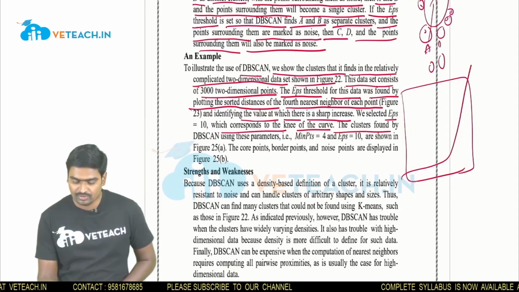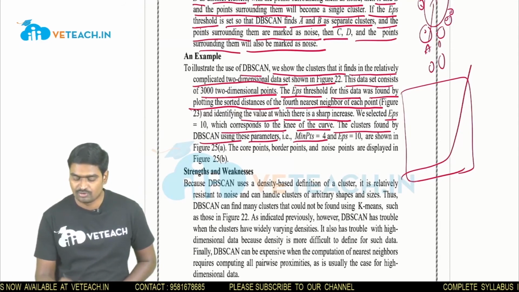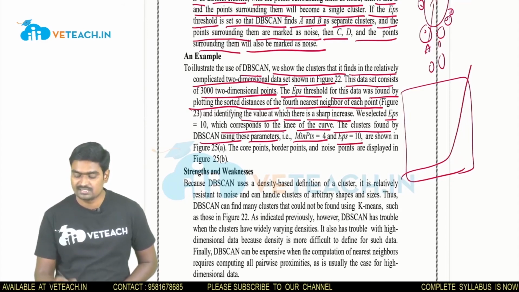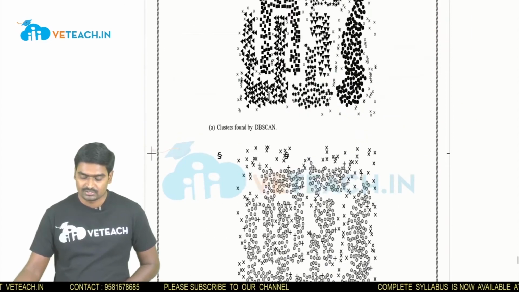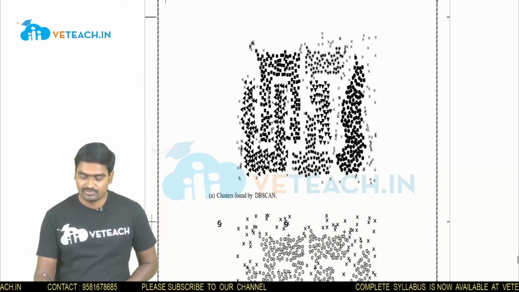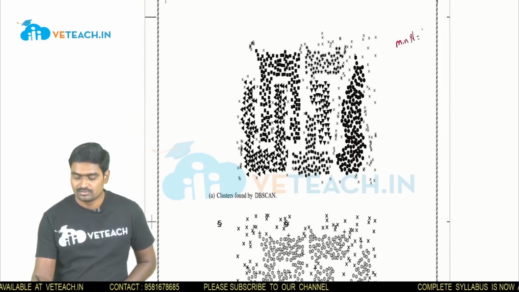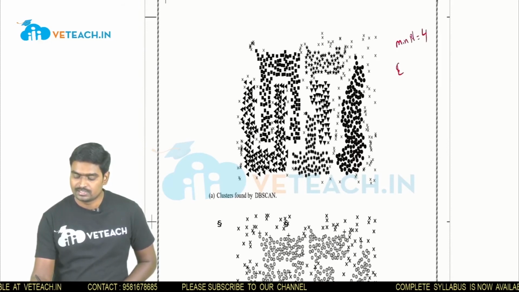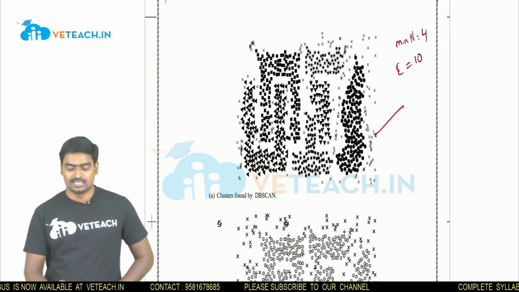The clusters found by DBSCAN using these parameters, that is minimum points is 4 and epsilon radius is 10, are shown in figure 25a. So this is the diagram we have to represent like this.